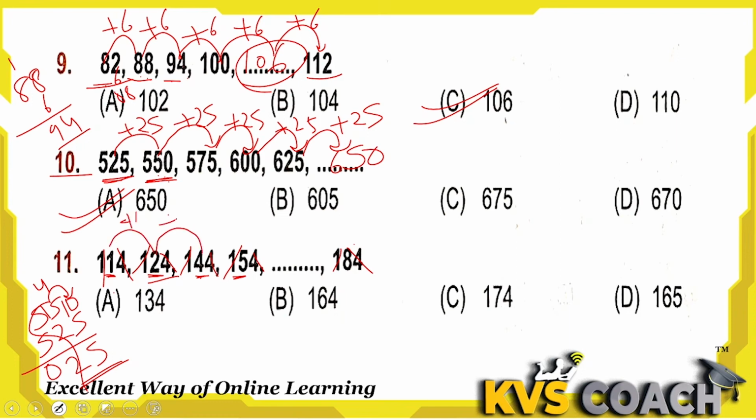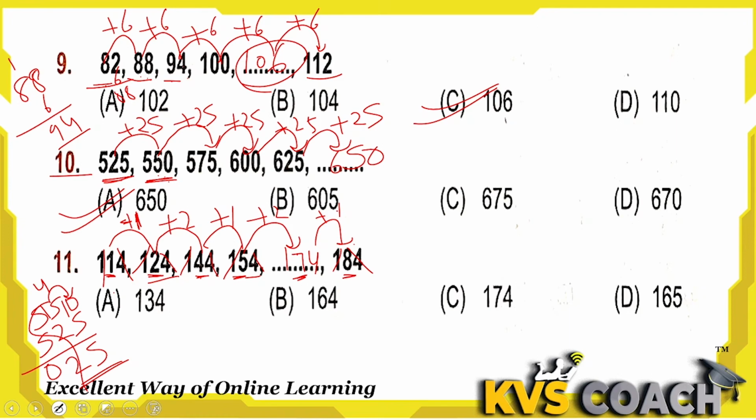Here the difference is 2. First plus 1, then plus 2. Again plus 1, it means again it will be plus 2 here. And again here will be plus 1. So 5 plus 2 is 7. So 174. And when we added 7 plus 1, then it is 184. It means the pattern is right.